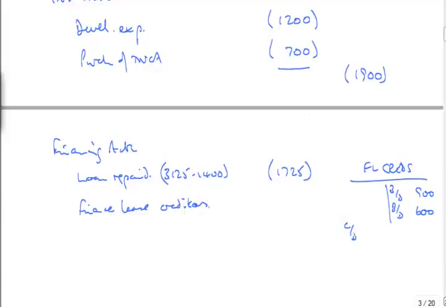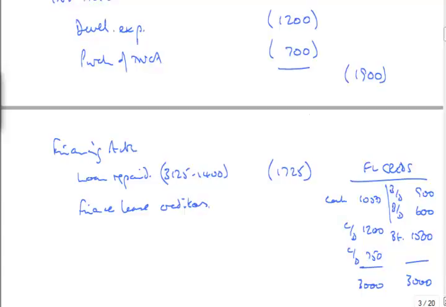And carry down, I've got 1,200 and 750. And I know that I've bought an asset under finance lease of 1,005. That gives me 3,000. That means I must have paid 1,050.